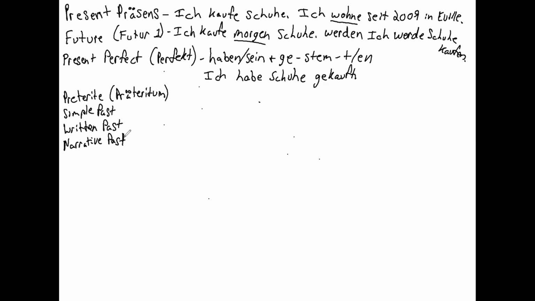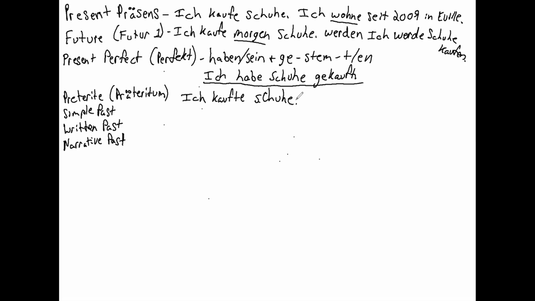That's it. So this could be anything that you can say in the perfect tense with things like Ich habe Schuhe gekauft. You can use in this tense now. And you could say Ich kaufte Schuhe, which is I bought shoes. Ich kaufte Schuhe.